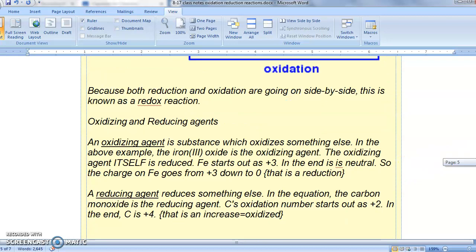So the substance that itself is reduced is called the oxidizing agent. The oxidizing agent itself is reduced. The reducing agent is the substance that itself was oxidized.